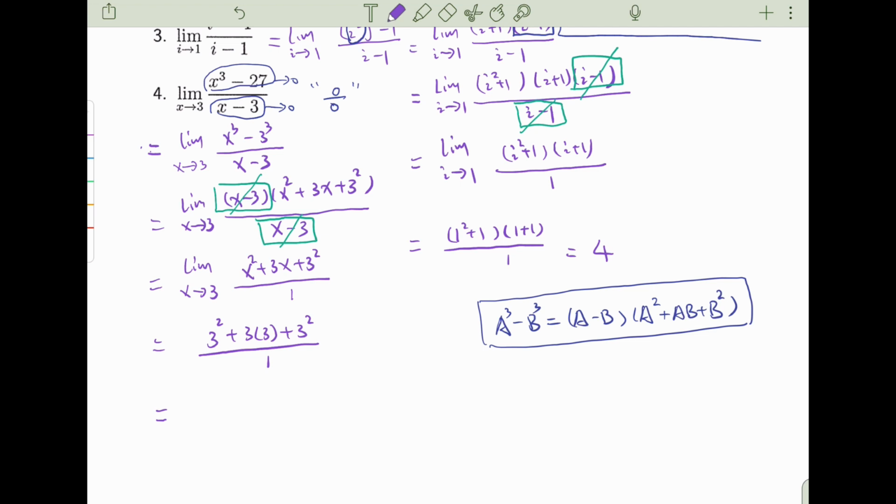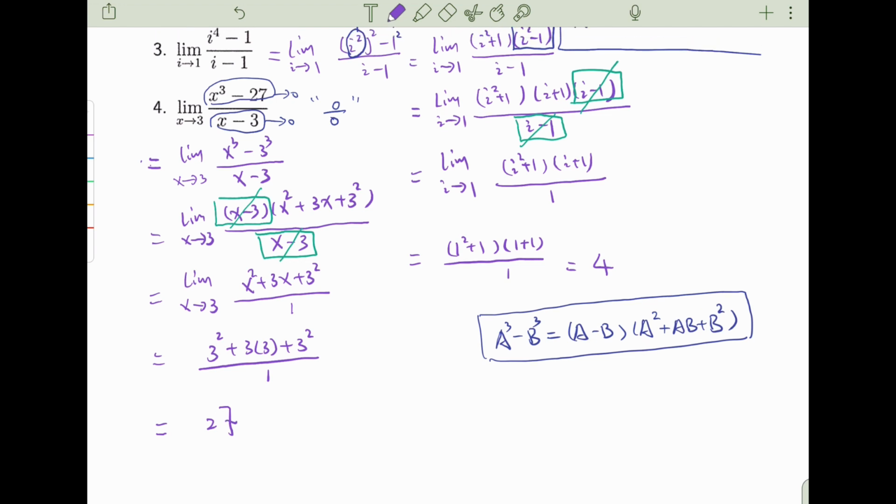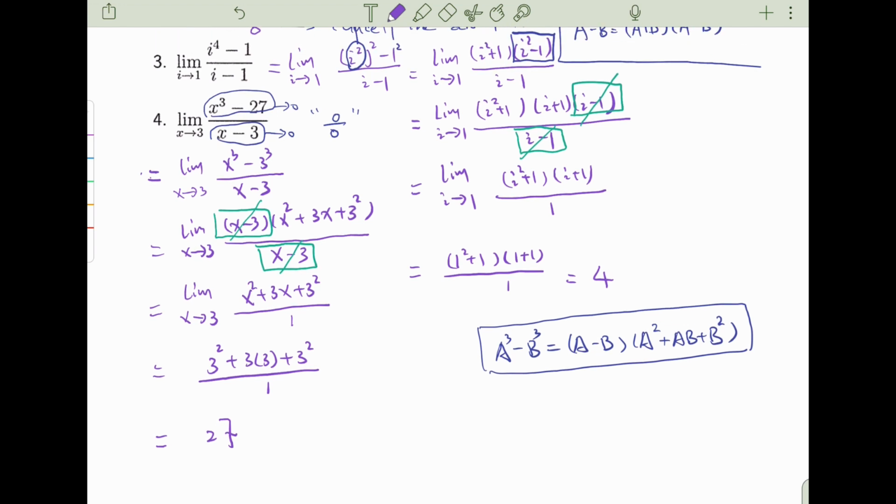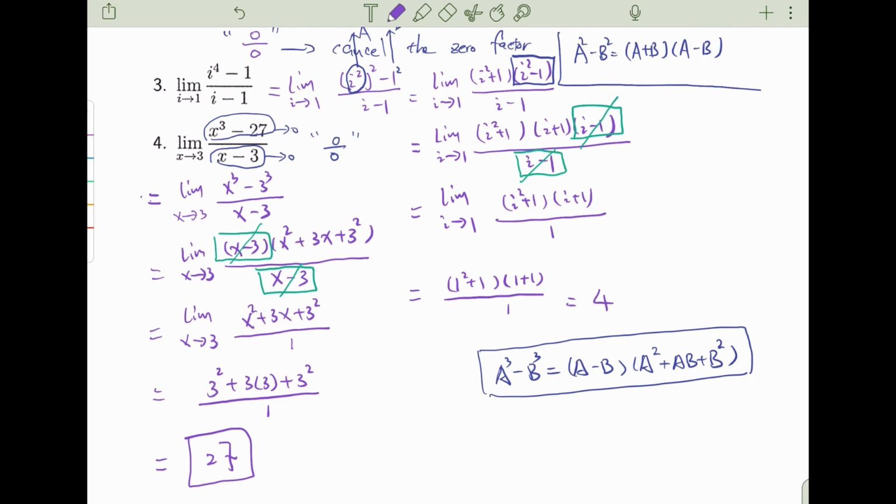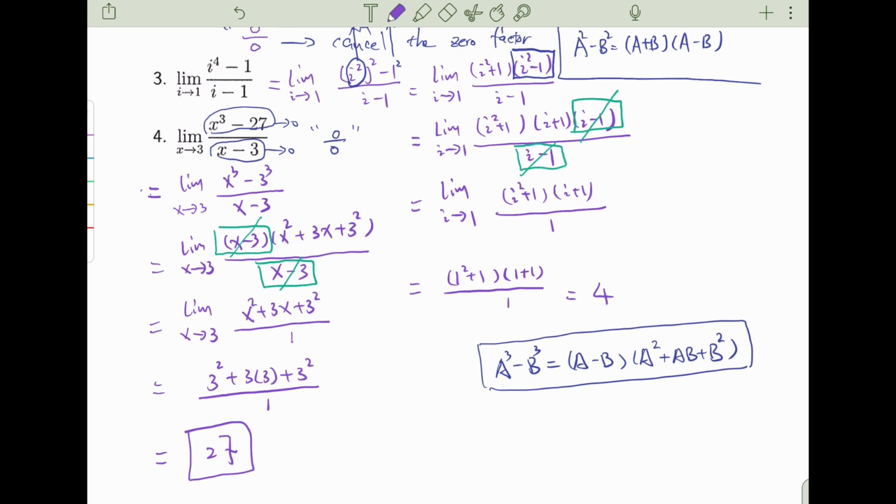And that is equal to 27. Okay, so the answer for question 4 is 27. And see that both the third question and the fourth question require factorization before we can plug in, and that is what I will say is the second type of limit that we need to know.